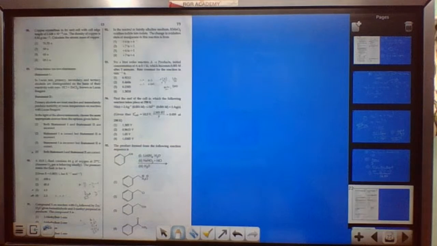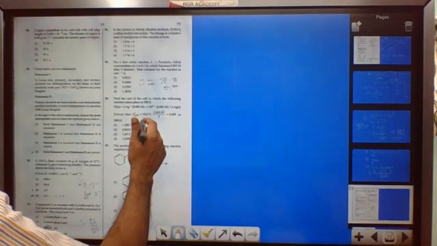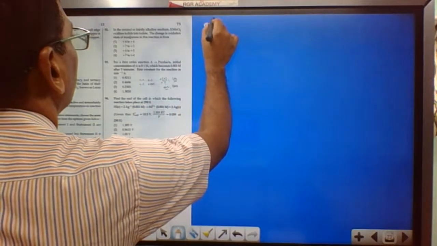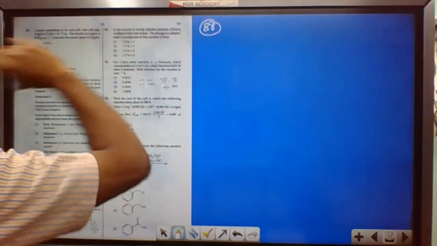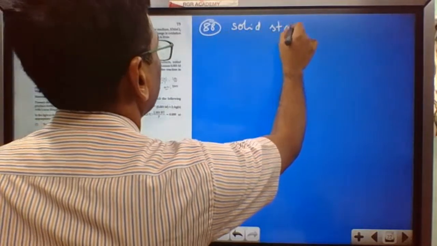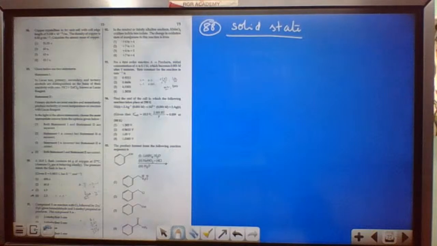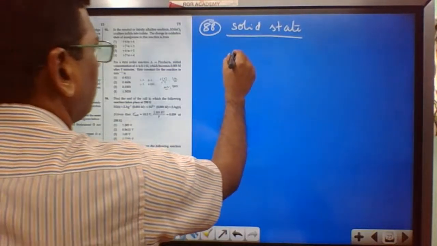88. So 88 is given from the solid state. Direct formula you can apply here.